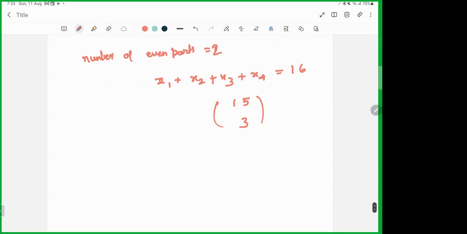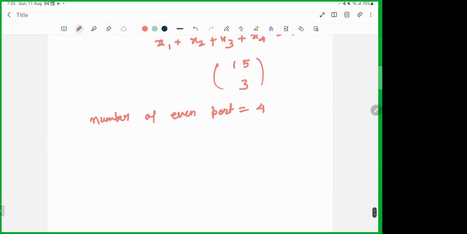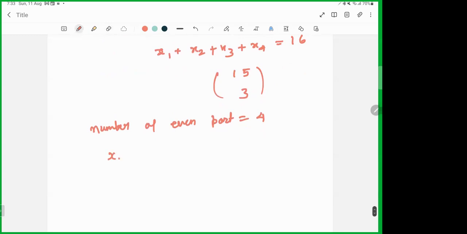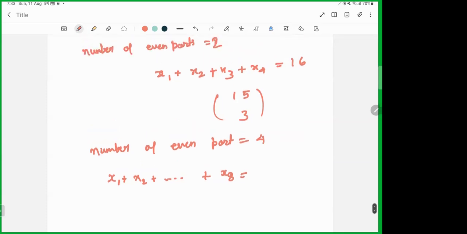Then if the number of even parts is 4, then what? It will go up to x8. But why not x9?